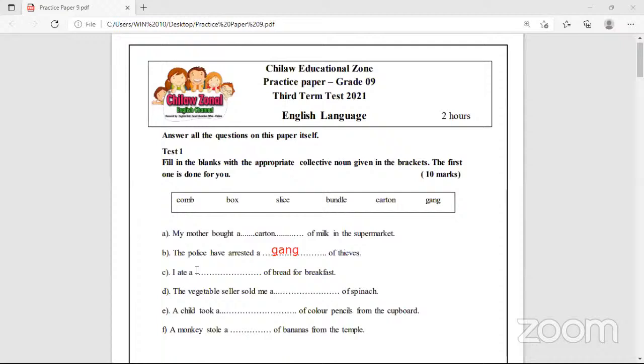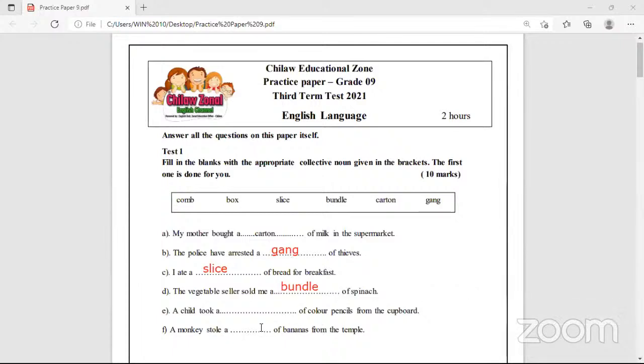Next one, I ate a slice of bread for the breakfast. Third one, the vegetable seller sold me a bundle of spinach. A bundle of spinach.